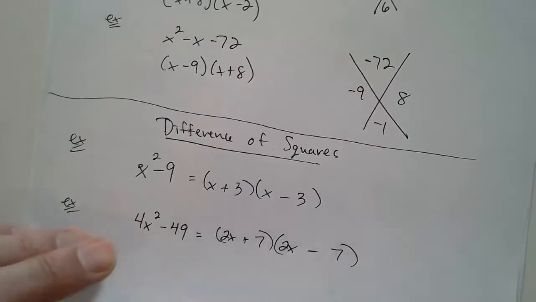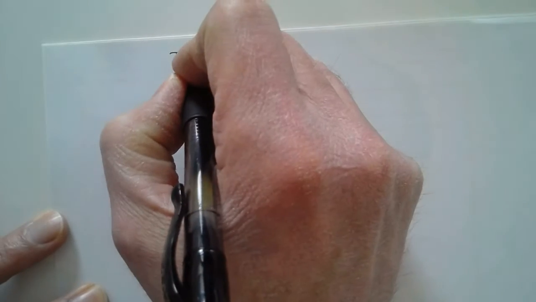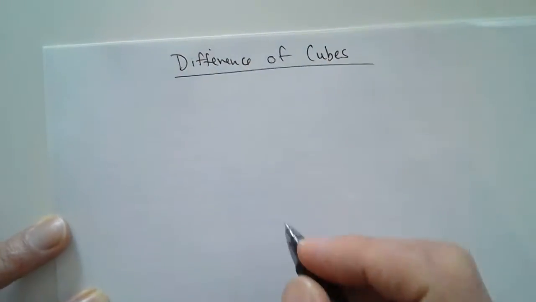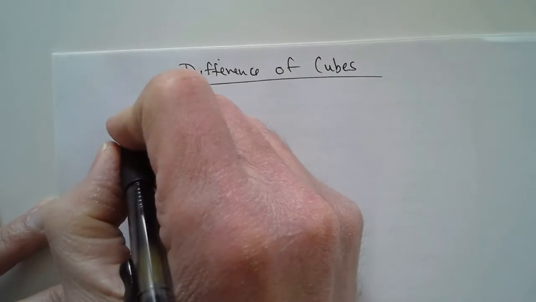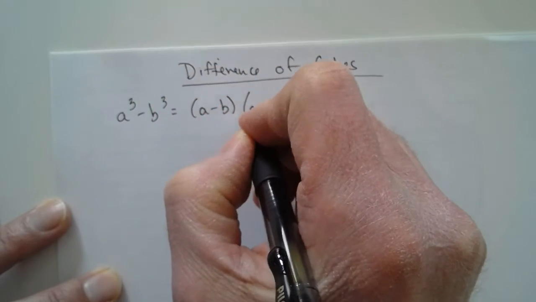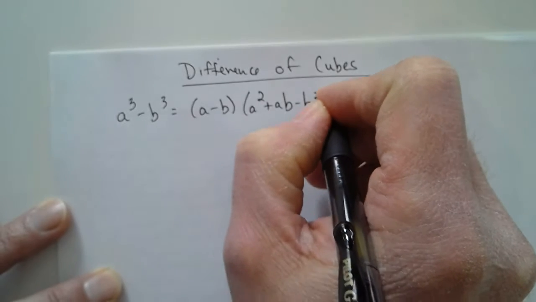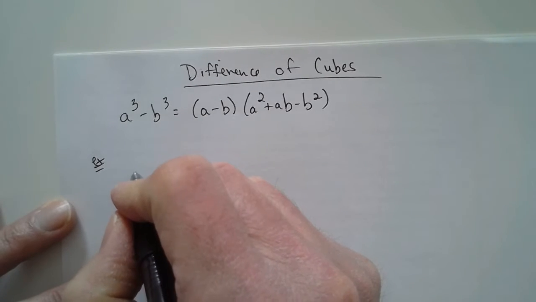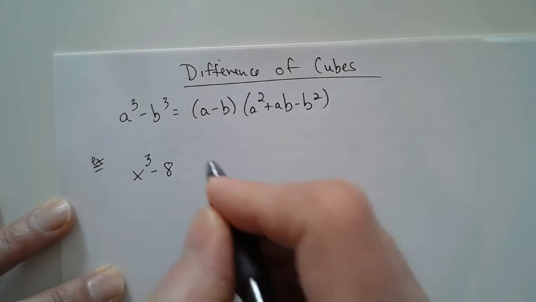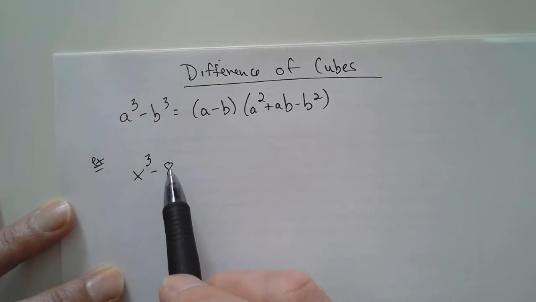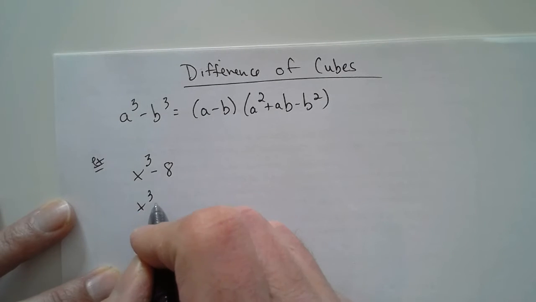There's a difference of cubes. And there's a sum of cubes, but we'll do difference of cubes. So the formula for that, a cubed minus b cubed equals a minus b, a squared plus ab plus b squared. So an example, if I have x cubed minus 8, well, the a here is going to be x, and the b here, well, what is cubing to get 8?